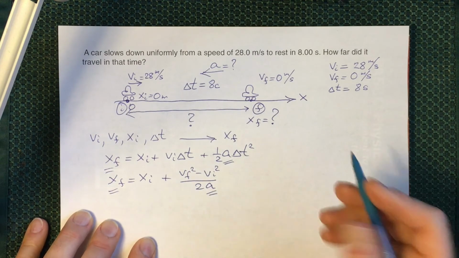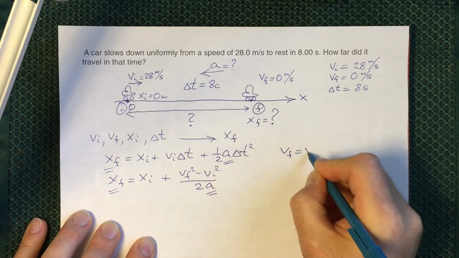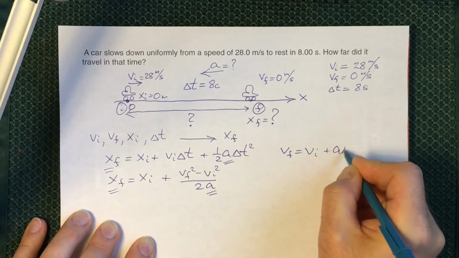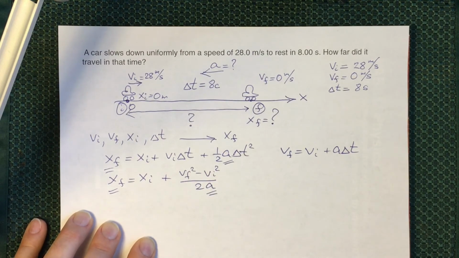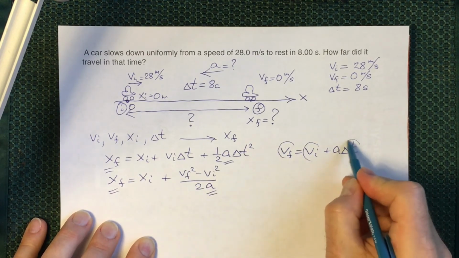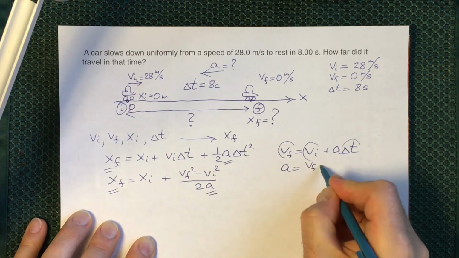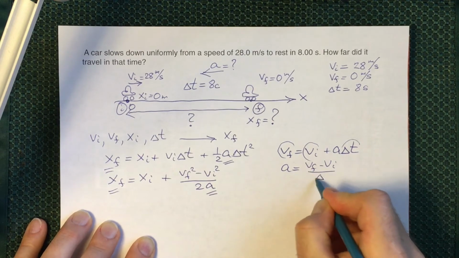The only formula we did not use yet is the formula for the velocity. V final equals v initial plus a delta t. Look, in this particular formula, we know v final, we know v initial, we know delta t. So we can find a from this formula as (v final minus v initial) divided by delta t.